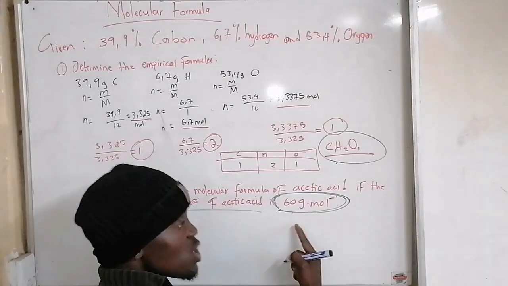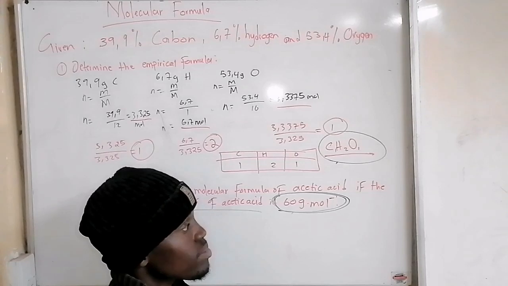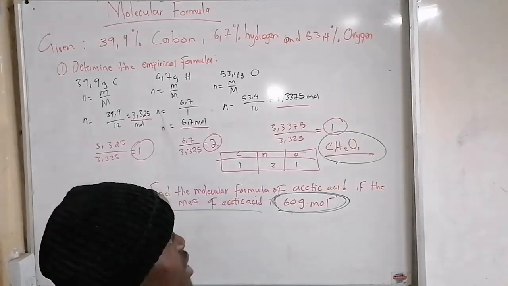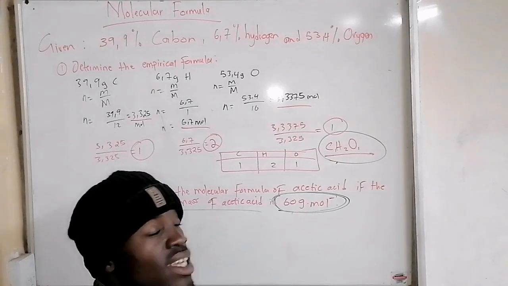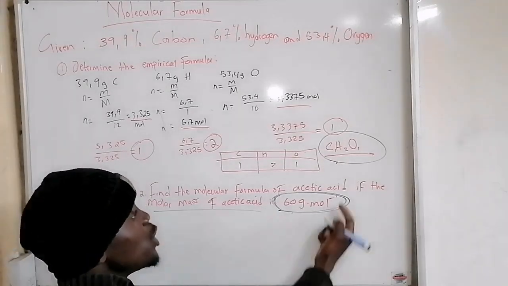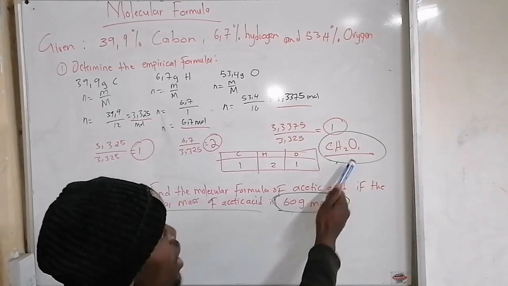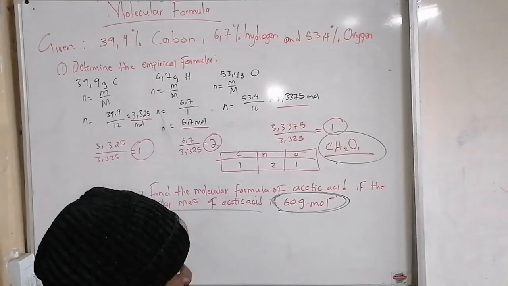Now you are asked to find the molecular formula. How are you going to use this 60 in order to find it? As I said, before you can find the molecular formula, you must know how to find the empirical formula. We got our empirical formula, right?